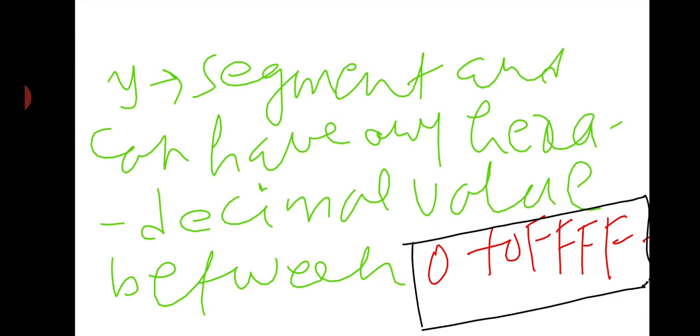Now you can take any example like 2001 colon DB8 colon 333 colon 4 colon 5 colon 6 colon 7 colon 8.